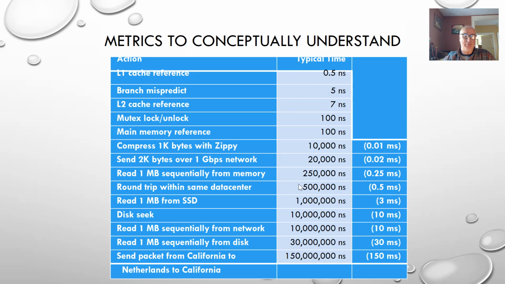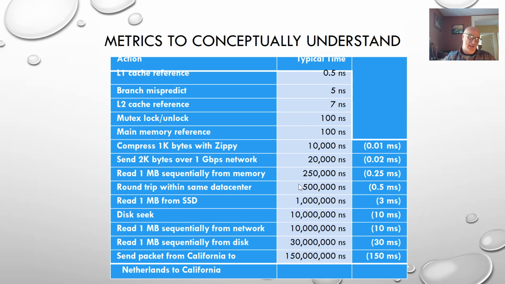Now, when we start breaking things up again, there's a few things that you have to remember, because these metrics are really important, and not in a physical fashion, but in a conceptual fashion. So you need to know things like an L1 cache reference is really fast.